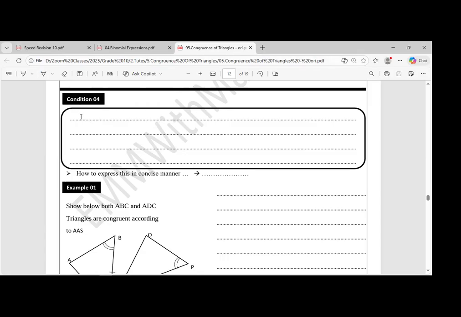Condition 4. Please write this with me and let's do one example.